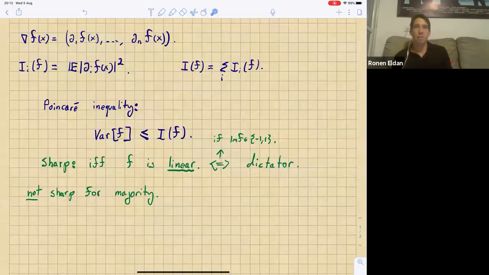So we have probability 1 over root n to be sensitive to n coordinates, which means the total influence is something like root n. So for majority, we get O of 1 less or equal to omega of root n, which is far from sharp.